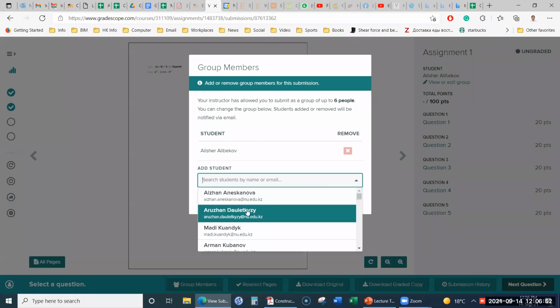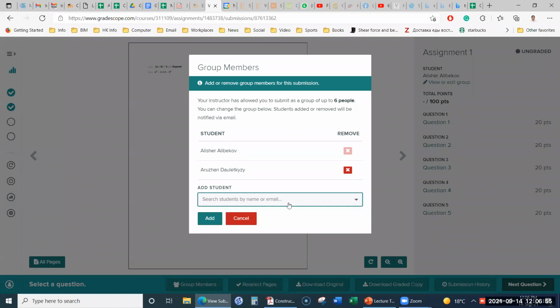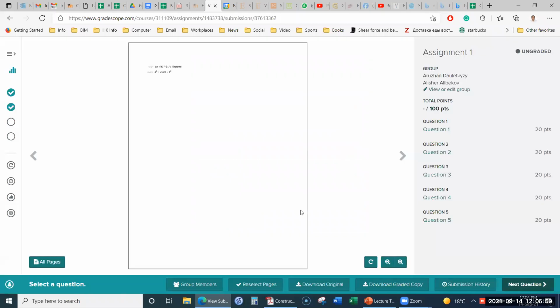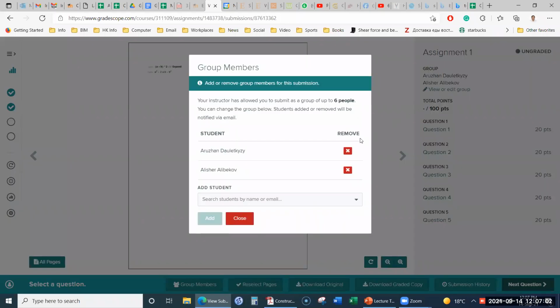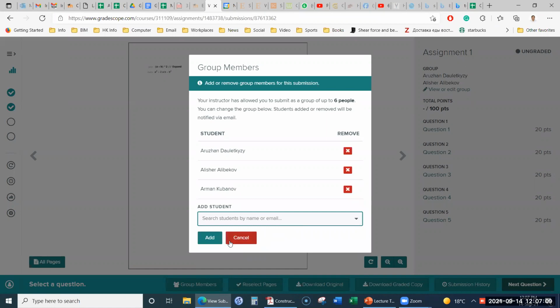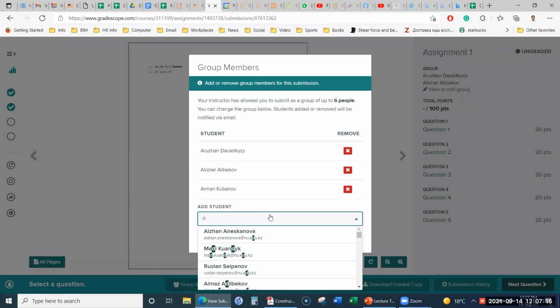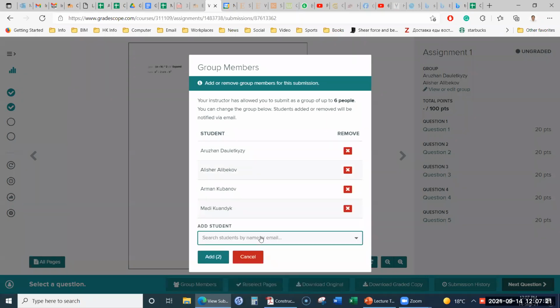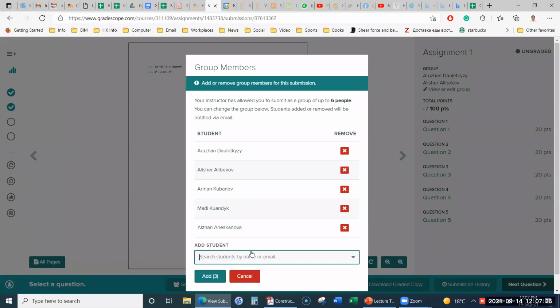So for example, this student is in the group. I will click the add button, and maybe I need to click one more time. Another, okay, and maybe this one, maybe this one.